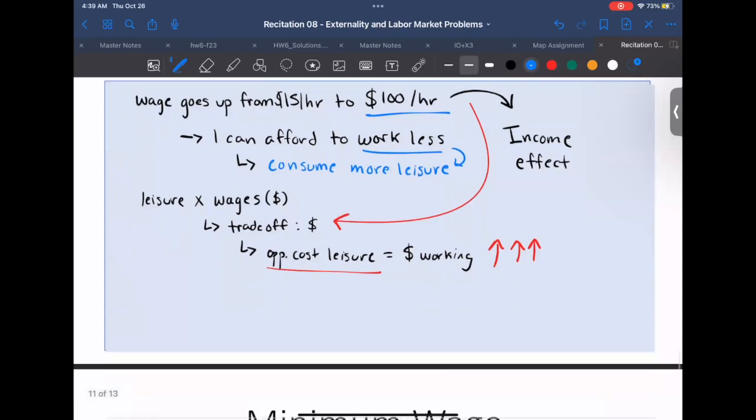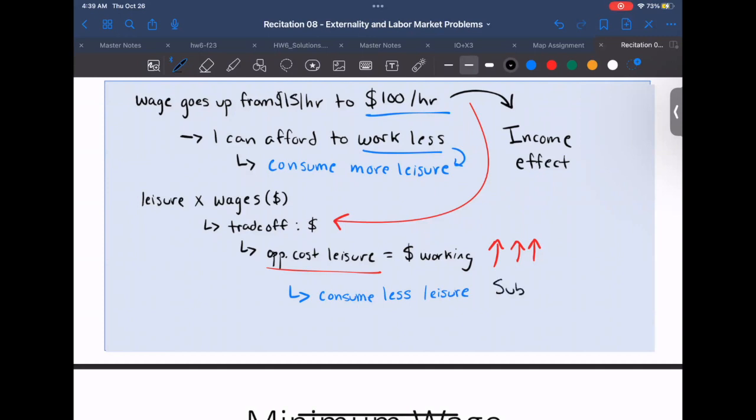Now, whenever we have the opportunity cost of leisure being so much more expensive, we're going to want to consume less leisure so we can go to work and make all that money that we are going to make if we don't slack off. In other words, we're going to substitute leisure with more hours of work to make more money.